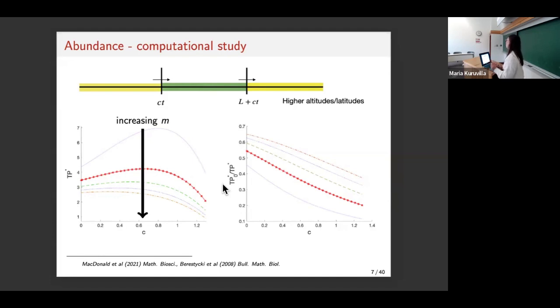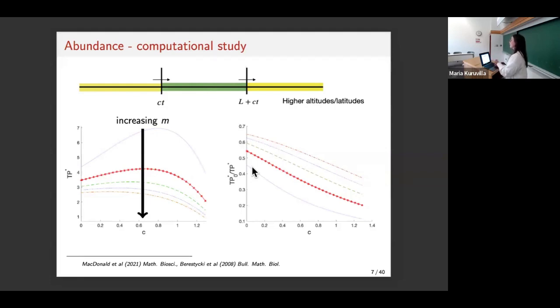Okay, so we are interested in understanding why that happens. Well, here we can do the ratio of the total population inside the suitable habitat over the entire total population. And we see that it's actually decreasing.